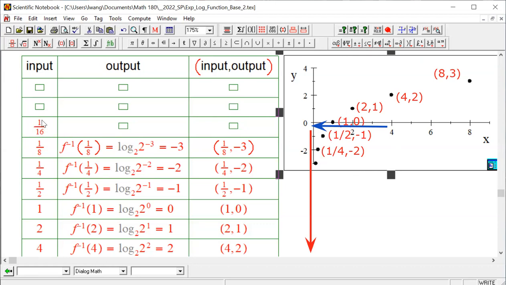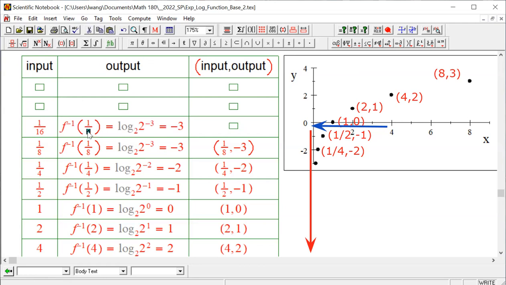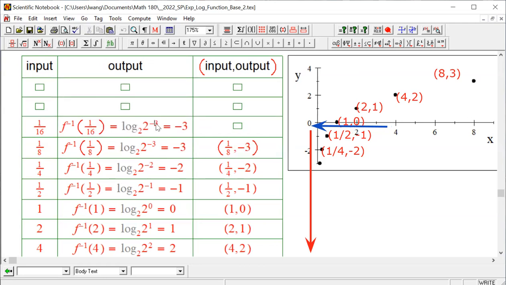If we look at the input 1/16, it's going to be even closer to y-axis, but it does not touch it, because 1/16 is 2 to the power -4. This is going to be -4. The point is going to be 1/16, and the output is -4. So it's going to be even lower.